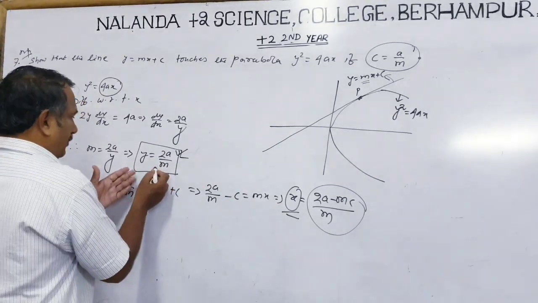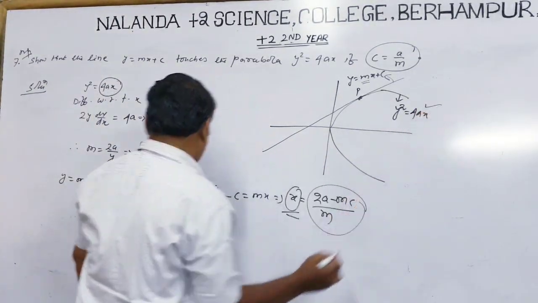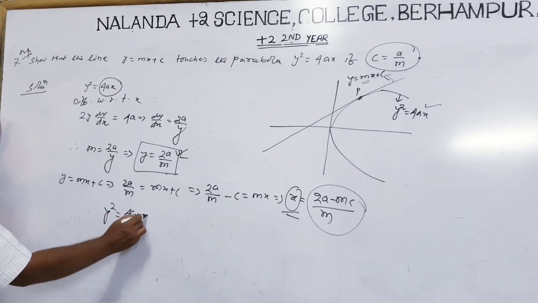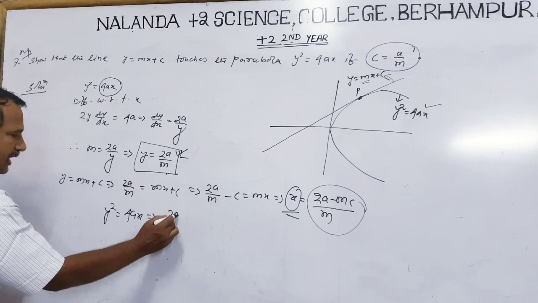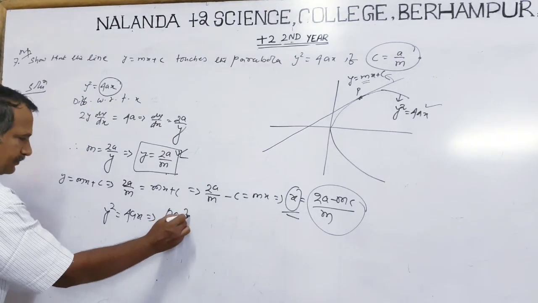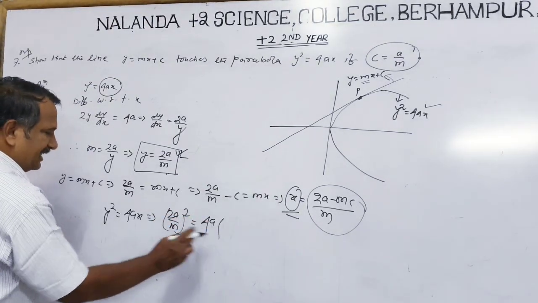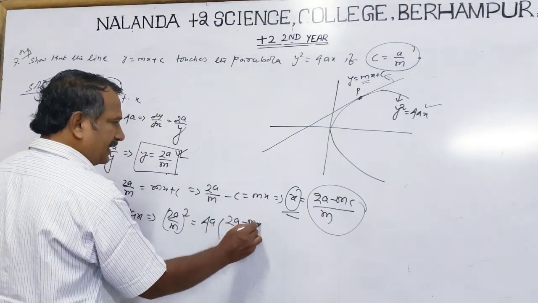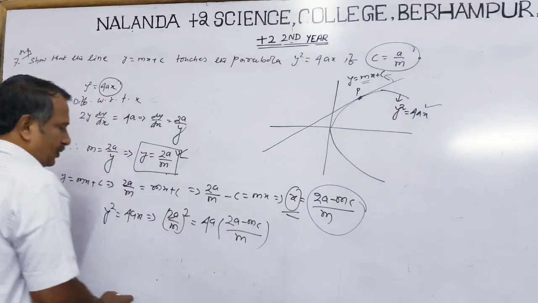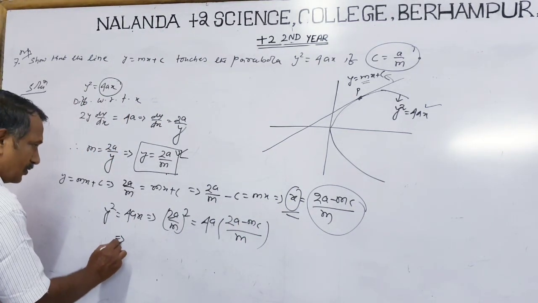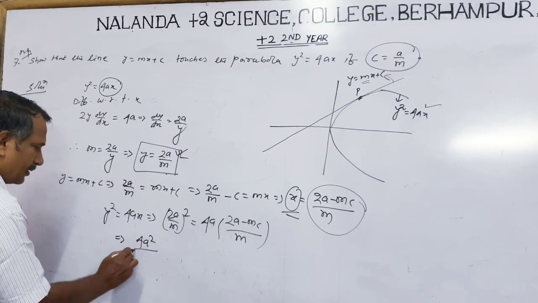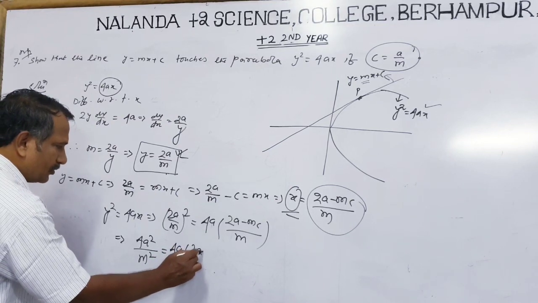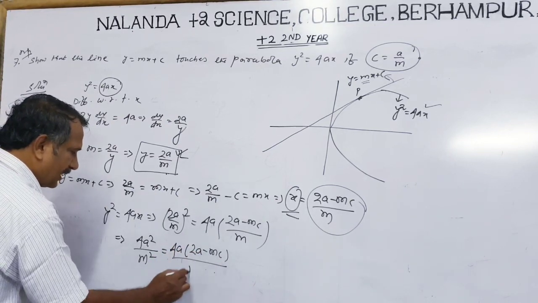Now x and y both lie on this curve. Now y square equals 4ax. Y square means (2a by m) whole square, equals 4a into x, where x is (2a minus mc) by m. Now 4a square by m square equals 4a (2a minus mc) by m.